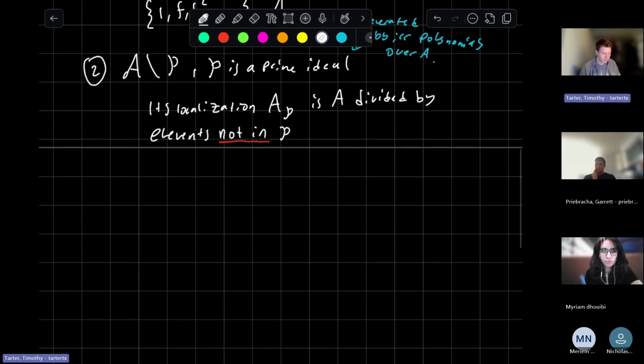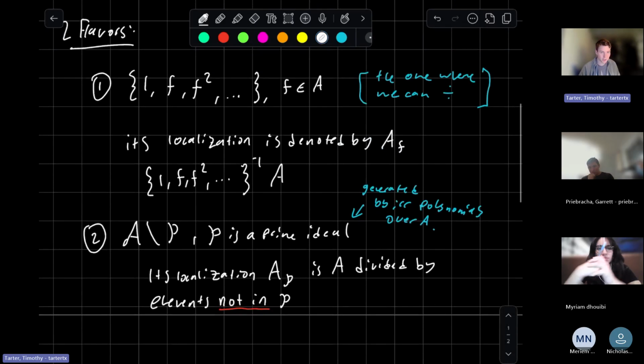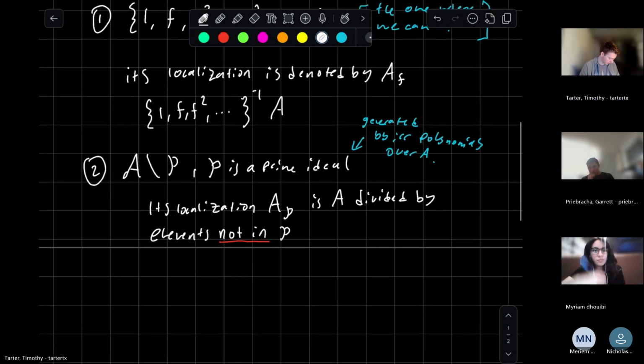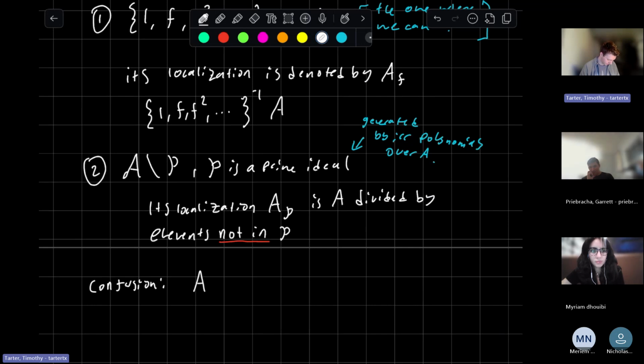And so the localization at the ideal generated by a polynomial is not the localization at the polynomial, right? So if P is generated by f, the confusing point here is that A localized at f is not the same thing as A localized at the ideal generated by f.